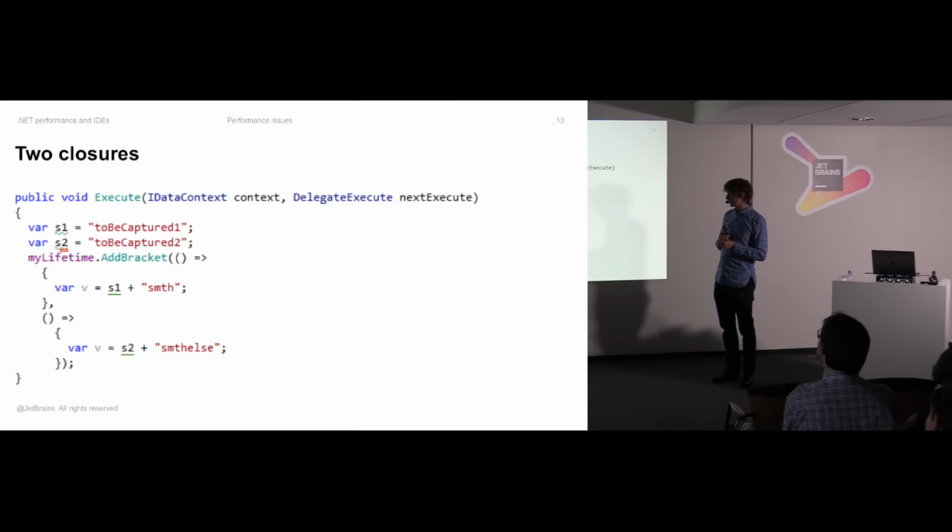And for example, this is a lifetime. In this example, my lifetime encapsulates a long-term lifetime, for example the lifetime of a solution, right? And we were thinking that the compiler would generate 2 capturing classes here, as I showed you before, right?